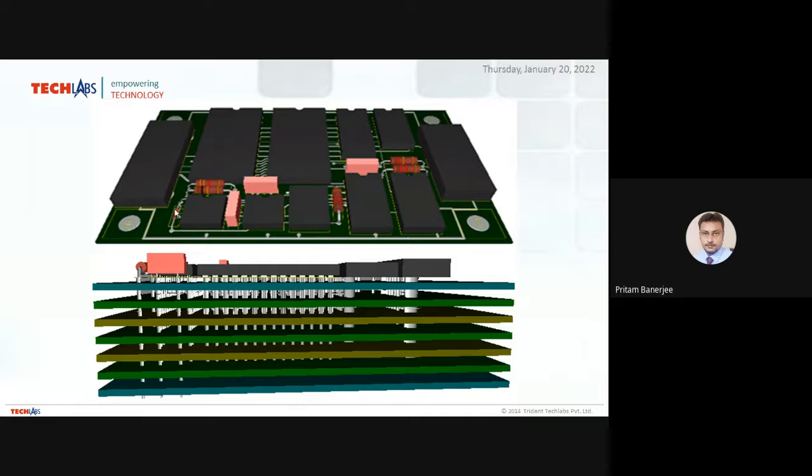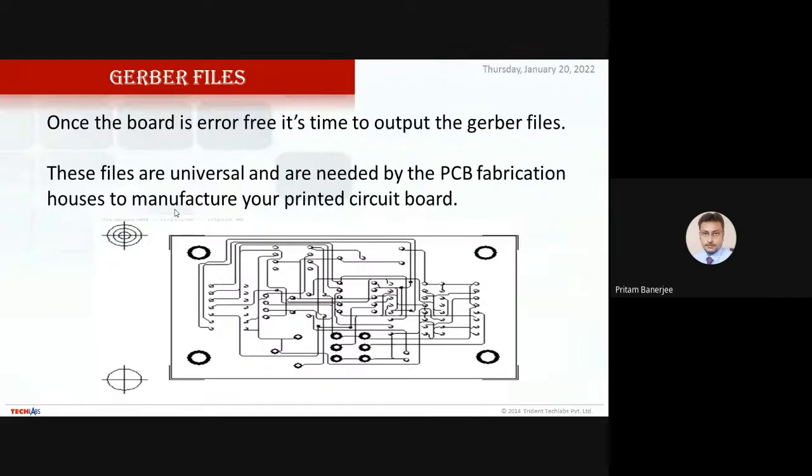So one sample design has 7 layers with both sided connectivities. That could be the complexity of your design, which is possible with your Altiboard software. And finally, this could be some output Gerber file view, which we actually generate from the PCB designing.